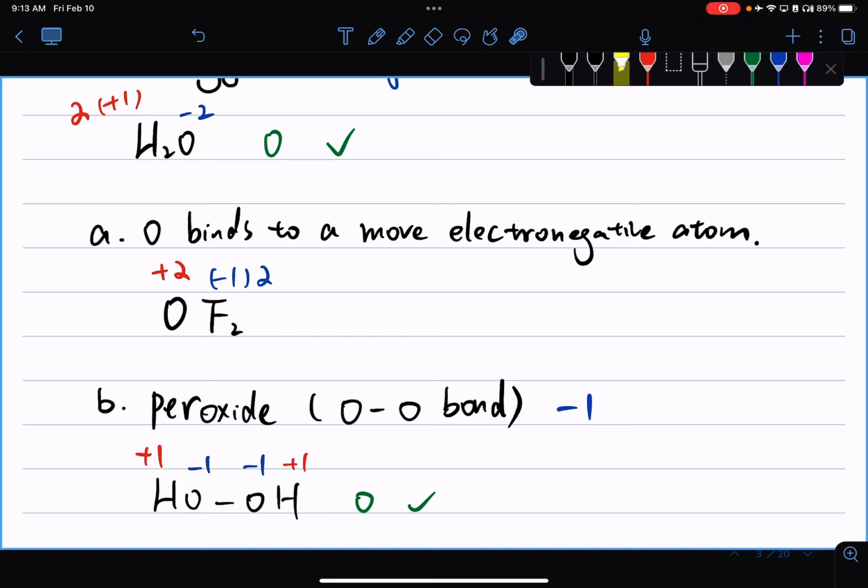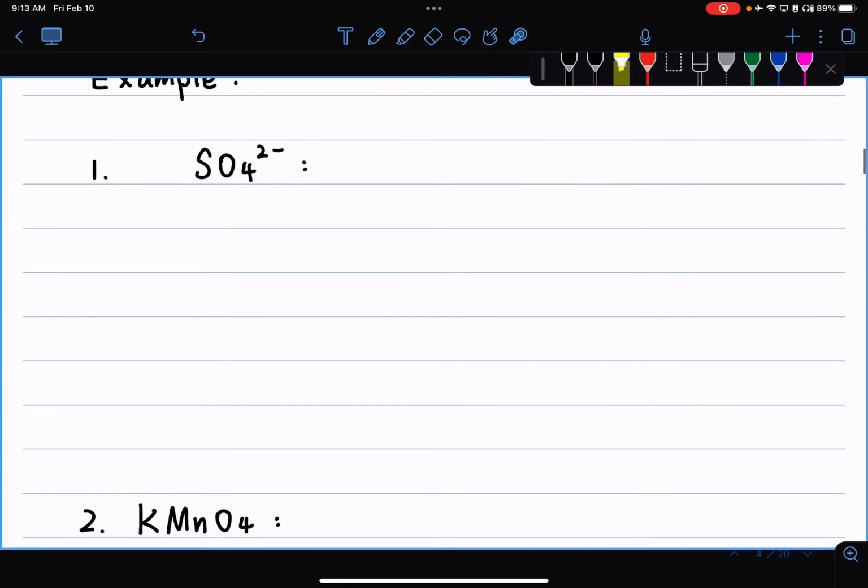All right. So these are the rules we went over. Now we're going to move on and do some practice together. Let's say the first one, the sulfate. The entire anion has a -2 charge, so every oxidation number needs to add up to be -2.